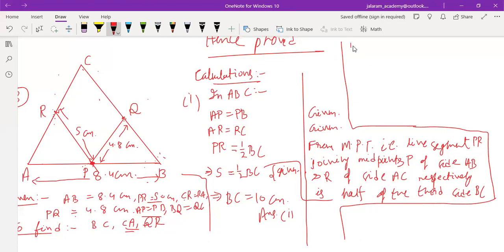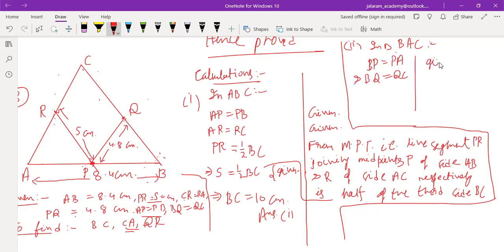P is the midpoint of AB, Q is the midpoint of BC. Look at this. For the second part, first we write the name of the triangle. In triangle BAC, it is the same as ABC, but this time as we are taking B as the vertex angle, B must be written prior to A and C. So in triangle BAC, if BA is one of the sides, P is the midpoint of BA, that is BP equals PA. If BC is the other side, then BQ equals QC is the second side.